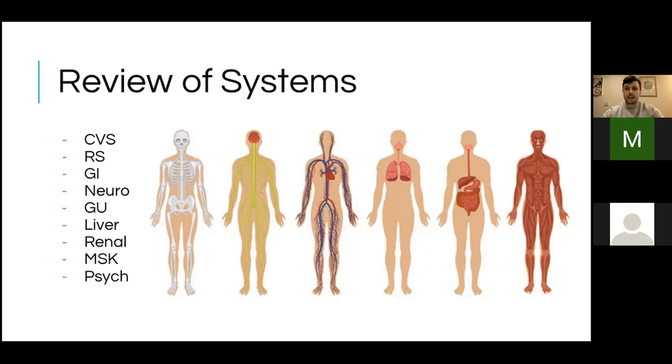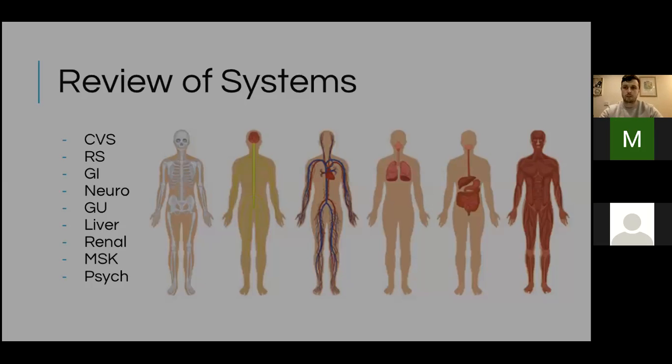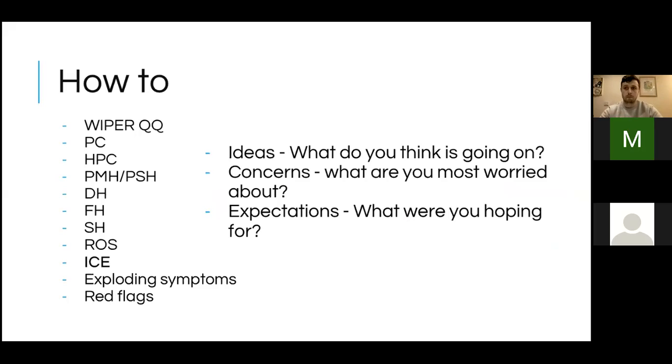Ideas, concerns, and expectations. This can really help steer the consultation and help you formulate your ideas throughout the history. Some patients will be experts on themselves, especially patients with chronic conditions.